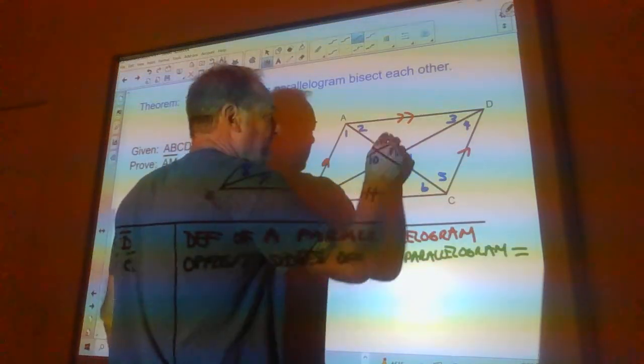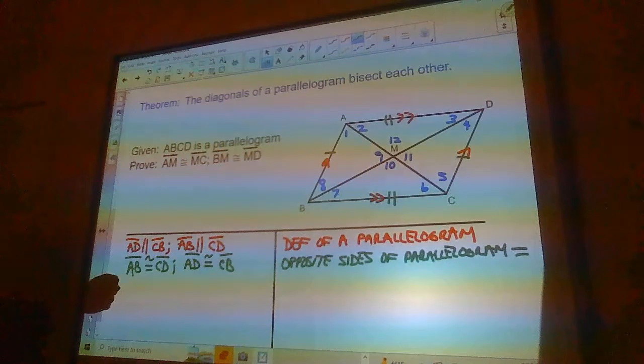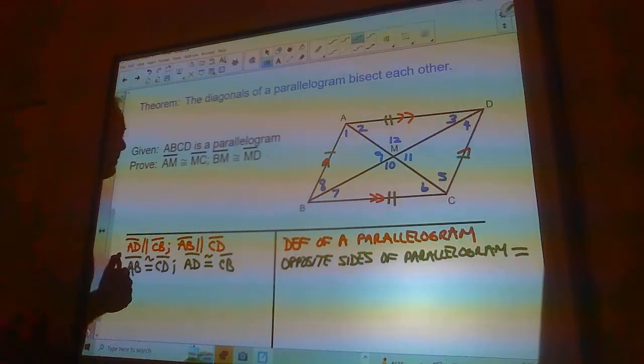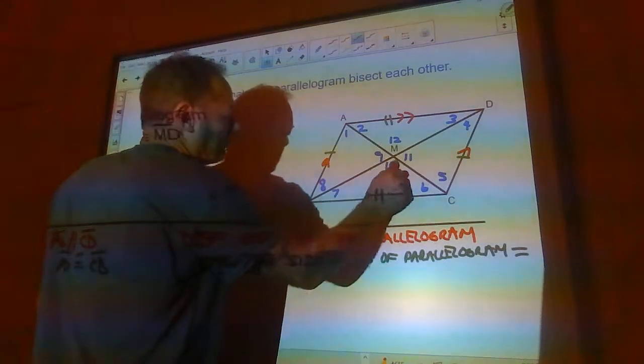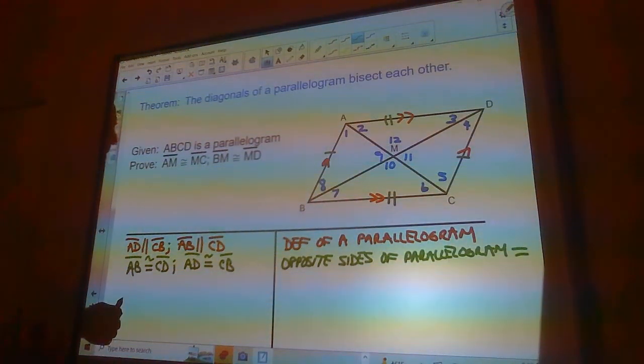So I can put these here like this, I can put this here like that. Now, we've got to keep focus on what we're trying to do here. We're trying to prove that AM and CM are equal.